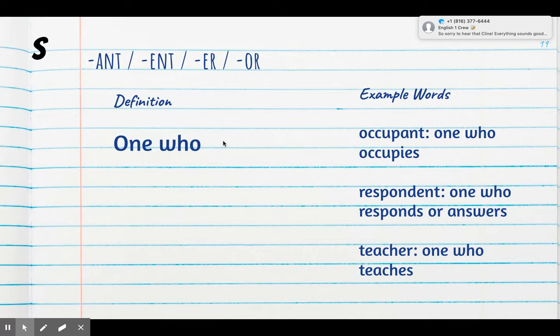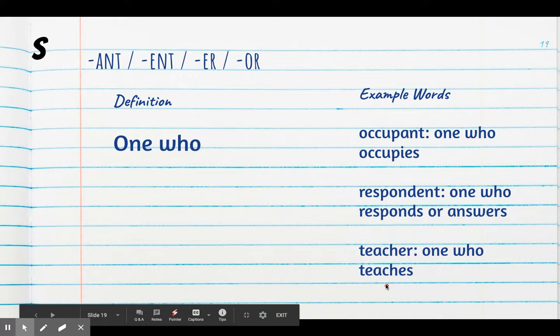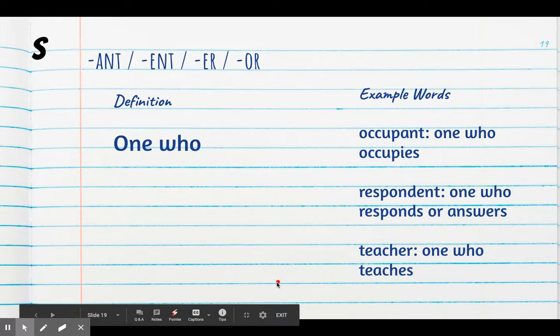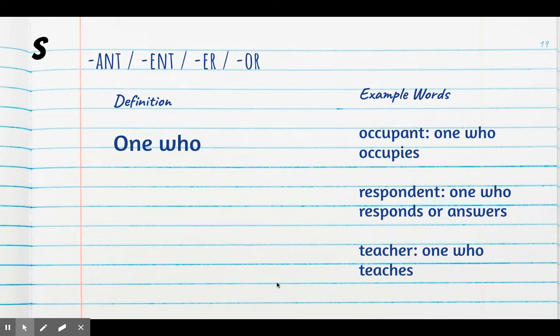Okay, so for example, an occupant is one who occupies, right? It's the person who maybe lives there or who occupies an office or something like that. Respondent, one who responds or answers. Teacher, one who teaches, right? You could go on and on and on with these examples. So ant and or mean one who, one who does blank, depending on what your root word or your prefixes are.